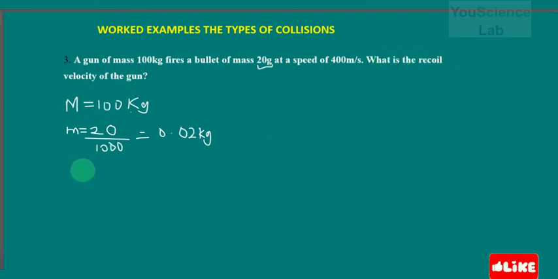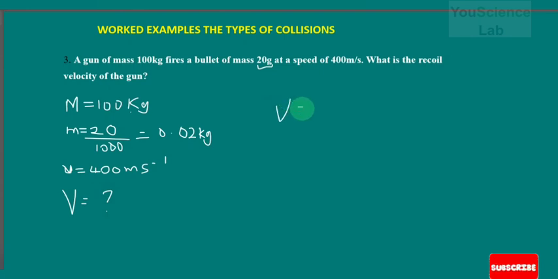Now, the speed of the bullet, small v, is equal to 400 meters per second. Then the speed of the gun, big V, is unknown.